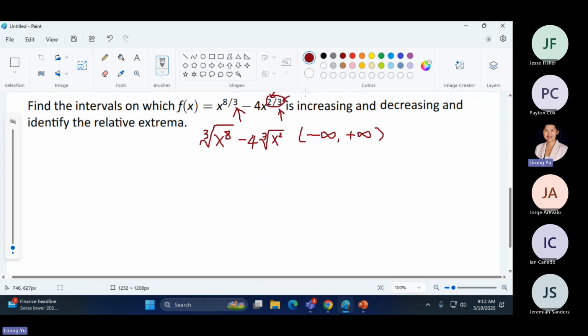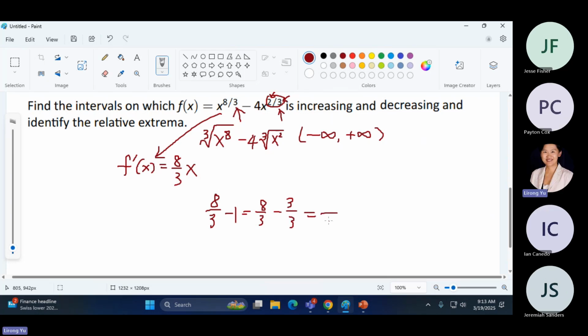All right, so we're going to keep the original exponential form because it makes differentiation easier. If you want to find the derivative, we follow the definition. We move the power to the front, so we have 3 over 8 times 8 over 3, and then the power has to go minus 1. So 8 over 3 minus 1 equals 8 over 3 minus 3 over 3.